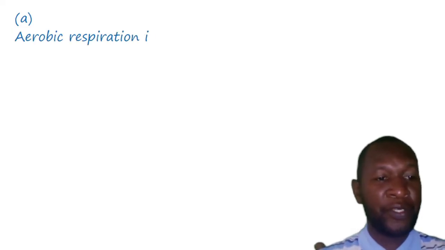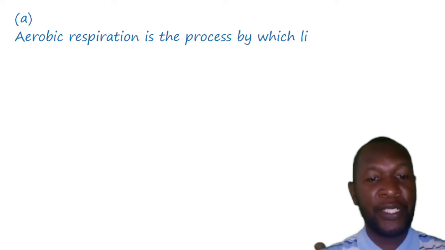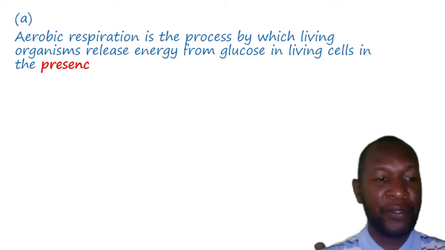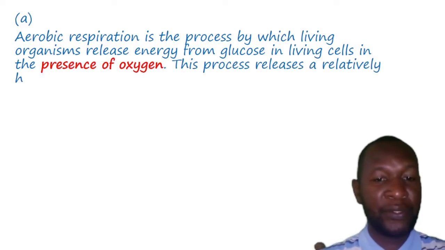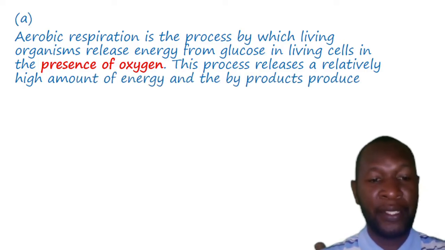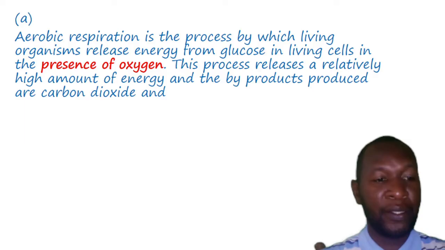Part A, aerobic respiration is the process by which living organisms release energy from glucose in living cells in the presence of oxygen. This process releases a relatively high amount of energy, and the byproducts produced are carbon dioxide and water.